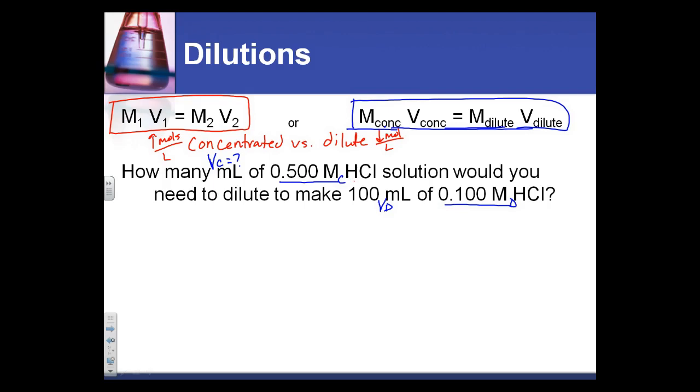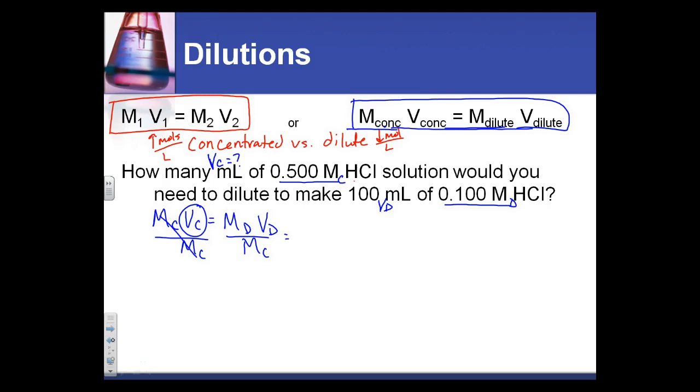So I'm going to go ahead and solve my problem. I rearrange my formula so it can just be plug and chug. I am solving for how much of the concentrated solution, so I need to move everything away from that, meaning I've got to divide both sides by my concentrated molarity. Now it's just plug and chug.